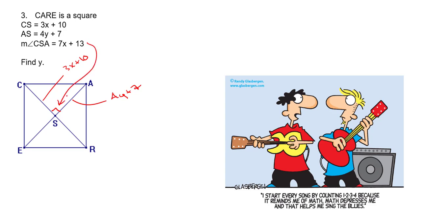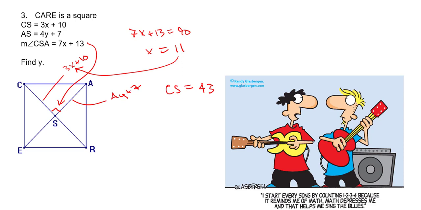So right away I know that 7x plus 13 has got to be equal to 90. Solve for x. X is going to be equal to 11 when I do the algebra. I can plug that 11 in for x right there. That's going to give me the length of CS, which will end up being 43.